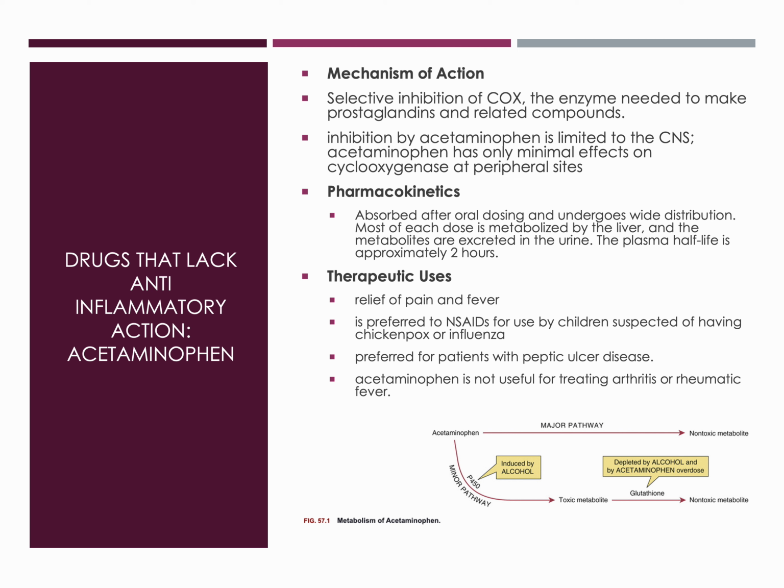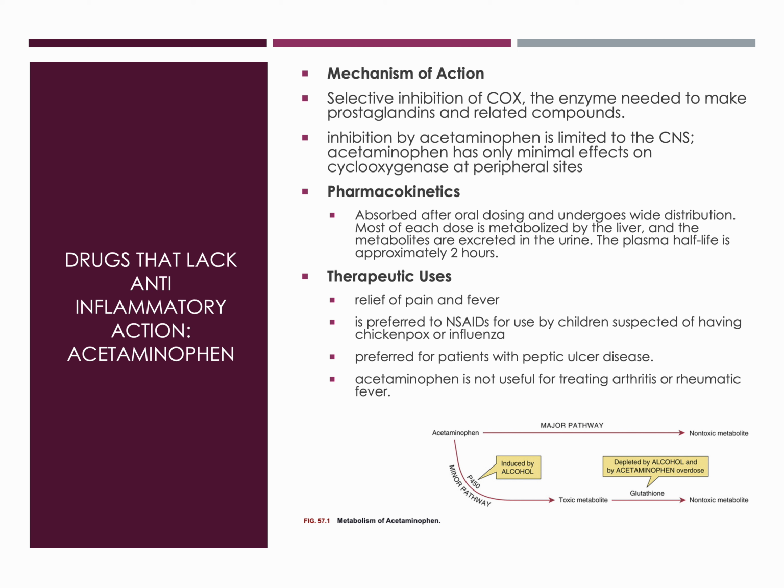And how it works, thinking about the mechanism of action, the difference between the effects of acetaminophen and aspirin: both are thought to result from selective inhibition of COX and also the inhibition of the enzyme needed to make prostaglandins and other related compounds. Yet, aspirin can inhibit COX in the CNS and the periphery, where acetaminophen is only limited to the CNS, and this is why it will only have minimal effects at the periphery.